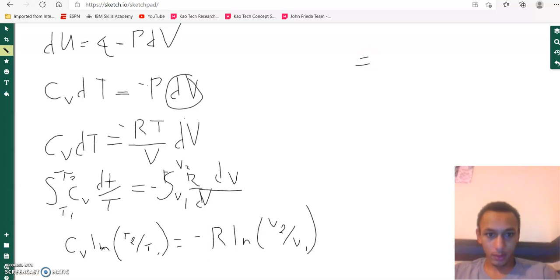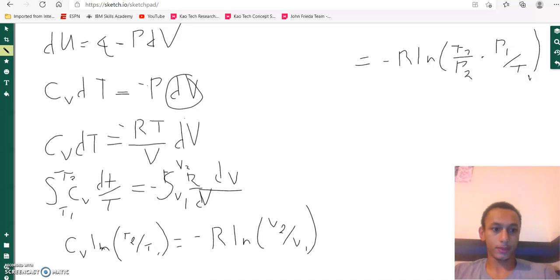So that's still being equal to CV natural log of T2 over T1, negative R natural log of T2 times P1 over T1 times P2. Using the ideal gas law, just manipulating it, this is what you would get. And that's still equal to that.